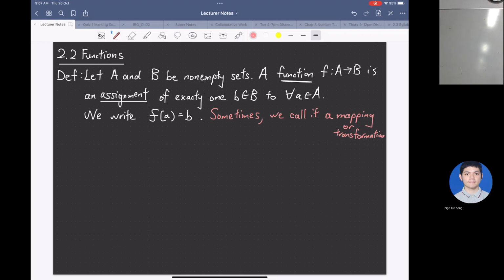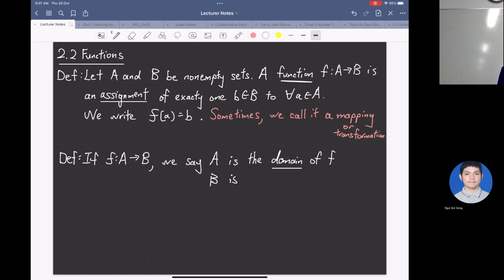So there's some terminology. If f is a function from A to B, then we call A the domain of f, and B the codomain of f.